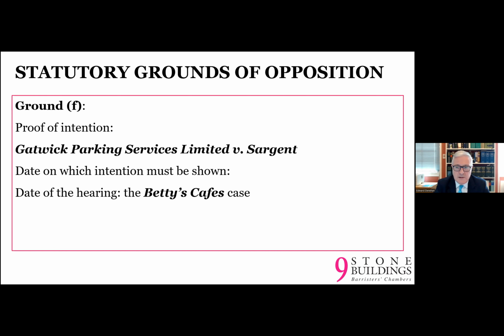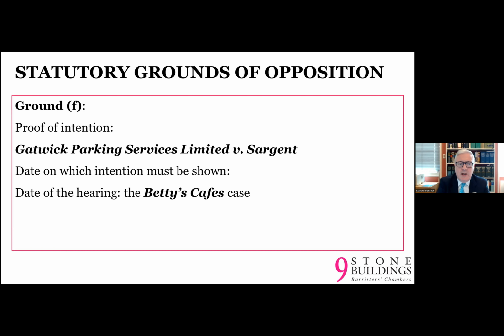As was said by Lord Justice Laws in the Gatwick Parking case, the hurdle is not a very high one. So since the early noughties, I've been relying upon the Gatwick Parking Services case to support that proposition, and therefore it's not necessary to go to court with your planning permission in hand. Of course, that's far better if planning permission is needed.